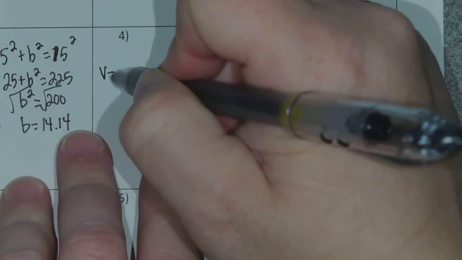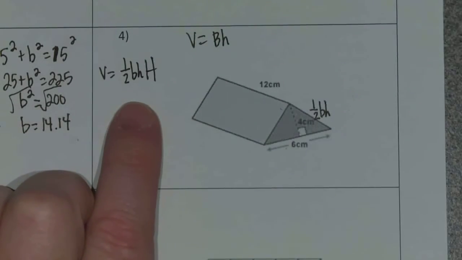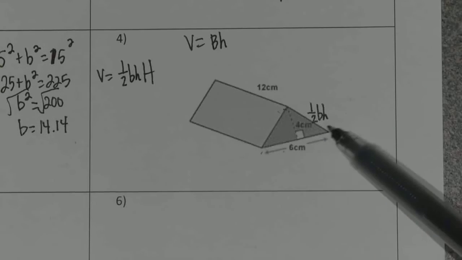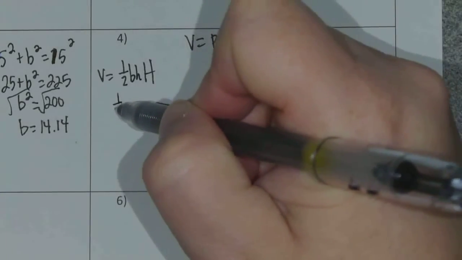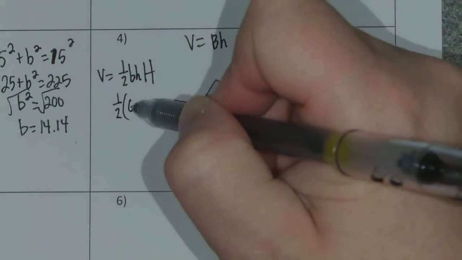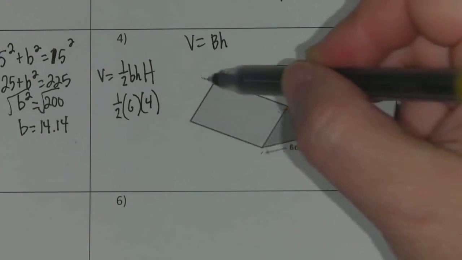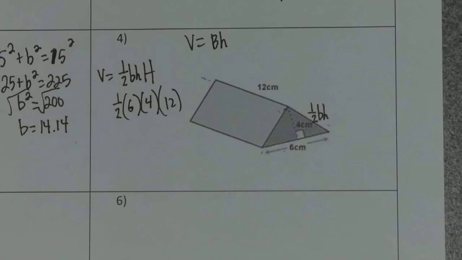So if I'm going to do the volume of this, I would do 1/2 the base times the height, again of the entire prism, because it's the area of the base times the height. So I'm going to go 1/2 of 6 times 4 times the height of the whole prism, which is 12. And I'm just going to plug that in my calculator. That will give me the volume of the entire prism.